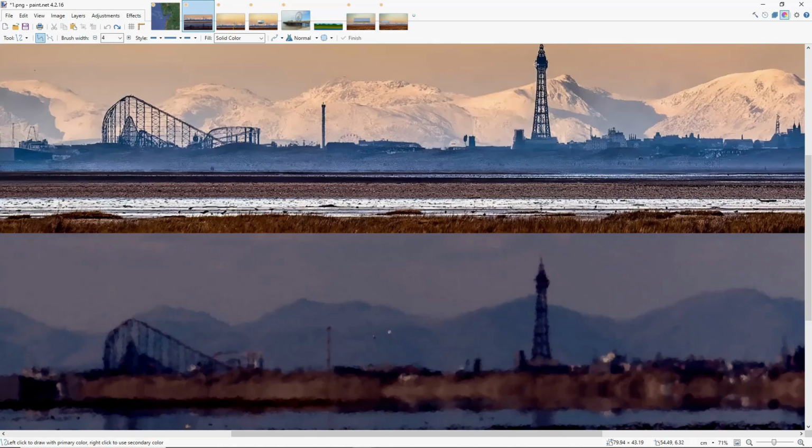There's a tiny bit of parallax, but that's because he was maybe only 30 or 40 meters left of the actual location that Kevin Jackson took the photograph from. But we can see that the mountain here in relation to the tower is the same height as there. So we're absolutely sure that we're looking at the same mountains.